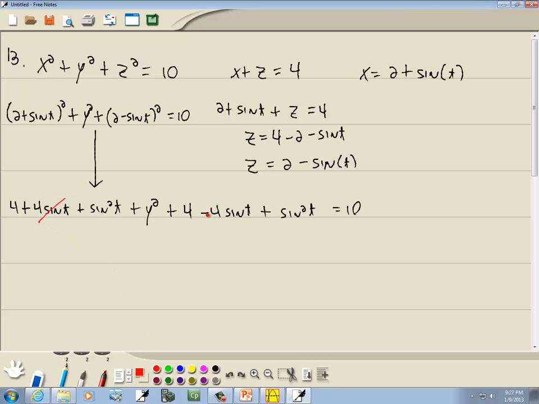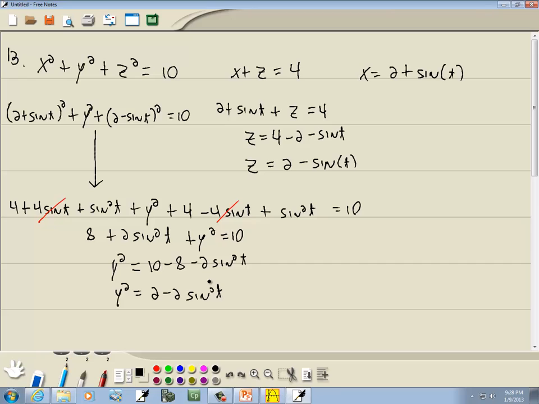Now here's a 4 sine t and here's a negative 4 sine t, so those cancel. And 4 plus 4 gives me 8. Sine squared plus sine squared is 2 sine squared, and we have y squared, equals 10. Take these over to the right side. So y squared is equal to 10 minus 8 minus 2 sine squared. 10 minus 8 is 2, so we've got 2 minus 2 sine squared.